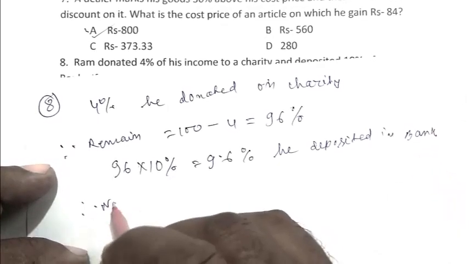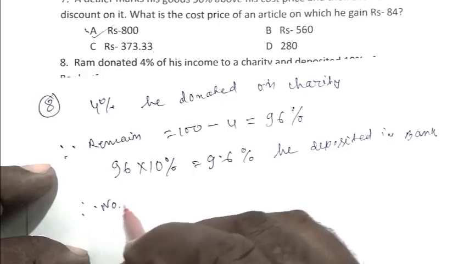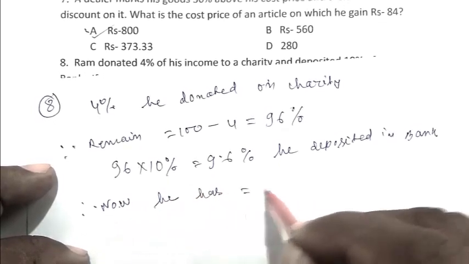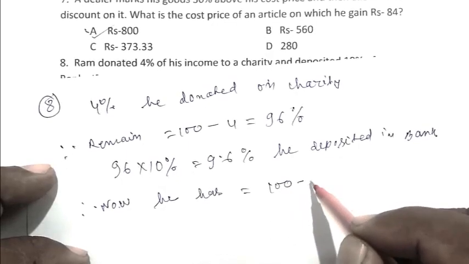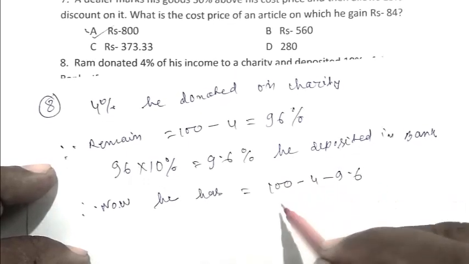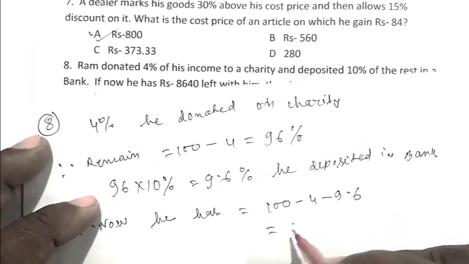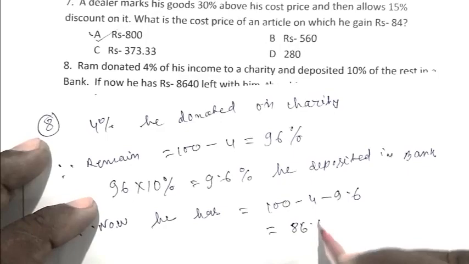Now he has 100 minus 4 minus 9.6, that is 86.4%.